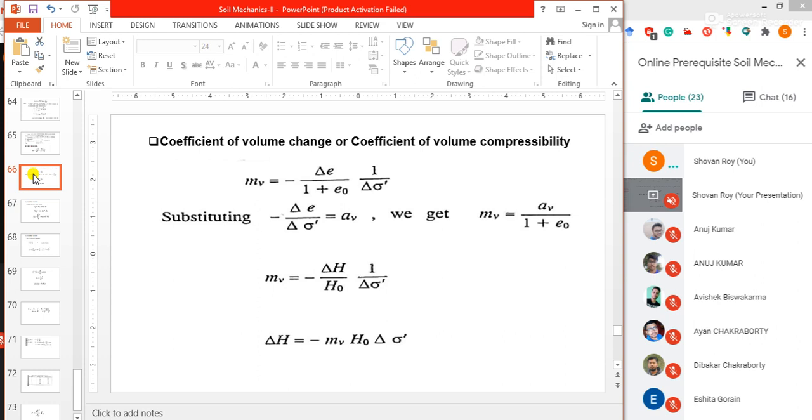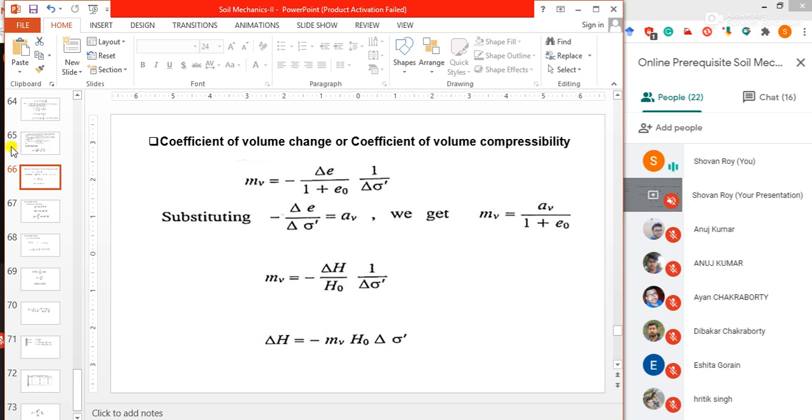MV is the coefficient of volume change, the change in volume of soil per unit of initial volume due to a given unit increase in the pressure.